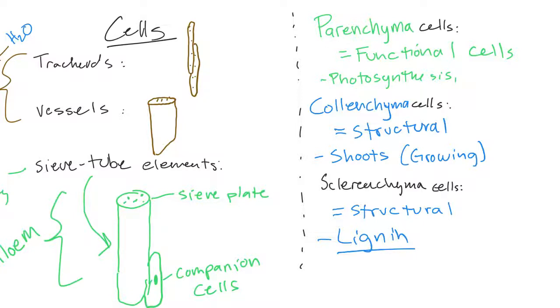So it offers a lot of structural support. So yeah, there's a lot of these in like bark or the interior of trees. It needs to be really hard and support a lot of weight, right? So let's say support.